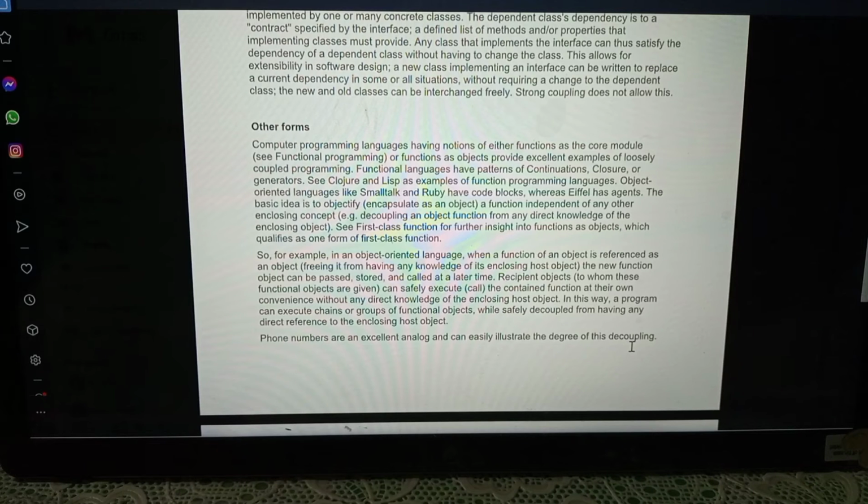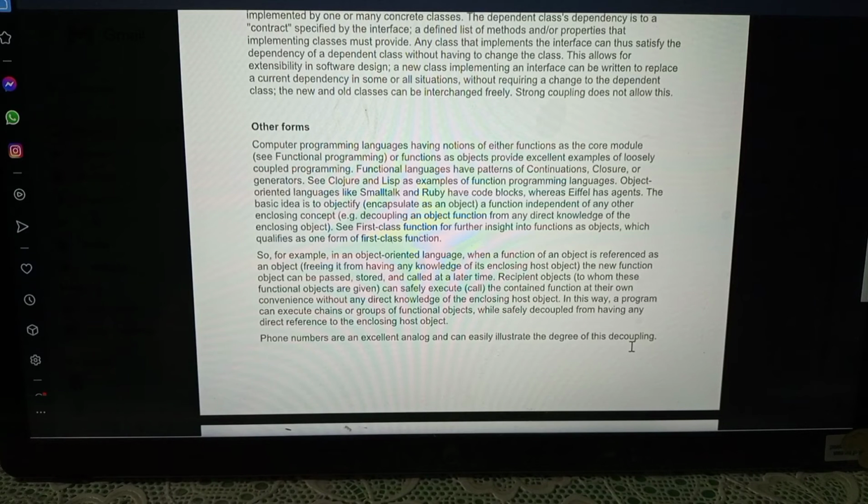In an object-oriented language, a function of an object is referenced as an object, freeing it from having any knowledge of its including host object. The new function object can be passed, stored, and called at a later time.